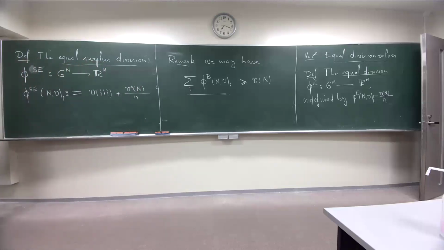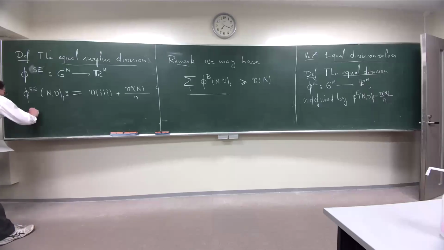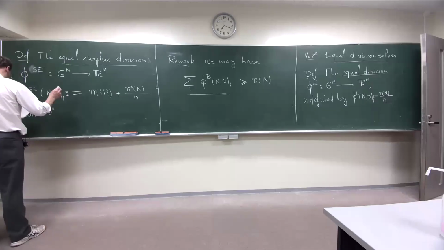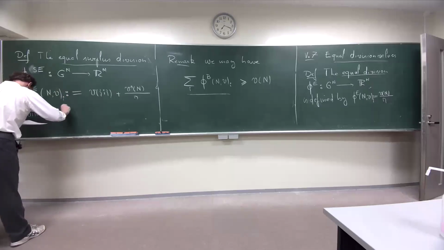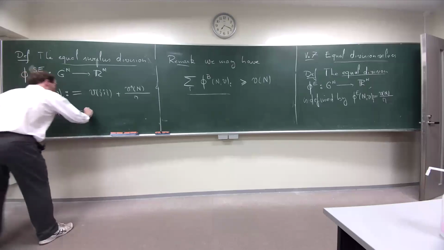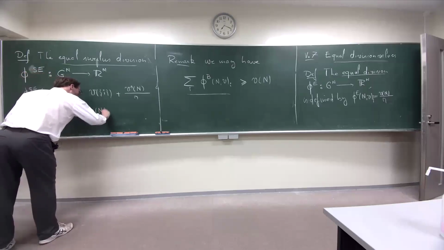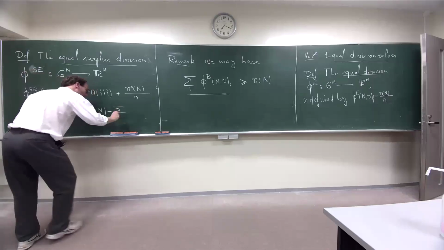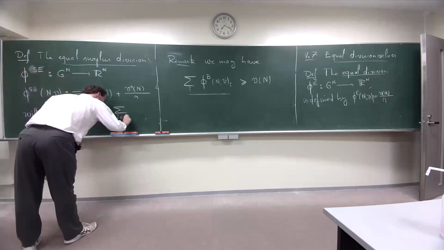What is this V0? We already saw it last week. I just recall it. V0 of n is called the zero normalization. By definition, you take Vn and you subtract the contribution given to all players.